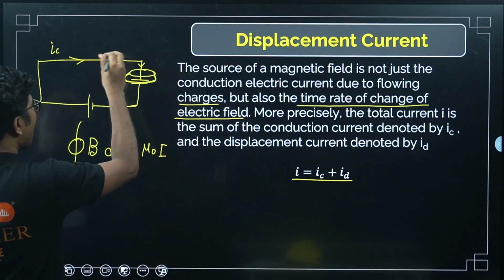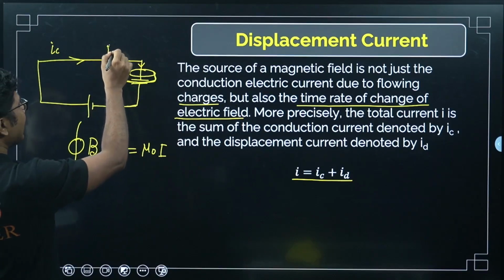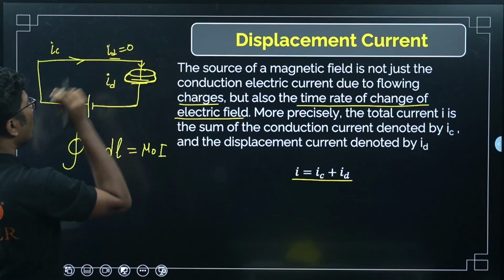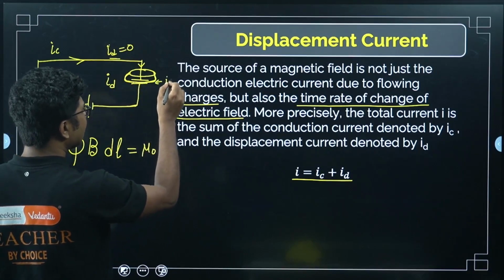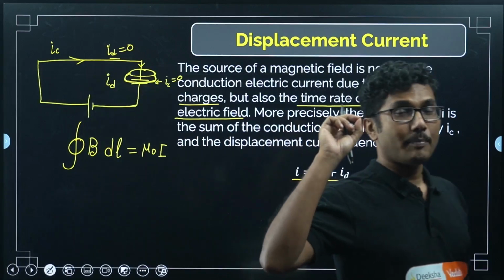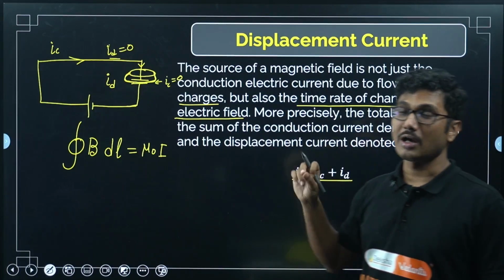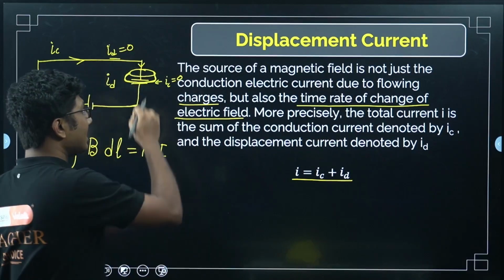Now here, when we are only considering the conduction current, in this part ID is 0, and in between the capacitor plates IC is equal to 0. This is a very interesting concept and a potential for a very good objective question. That's why I am teaching you this.